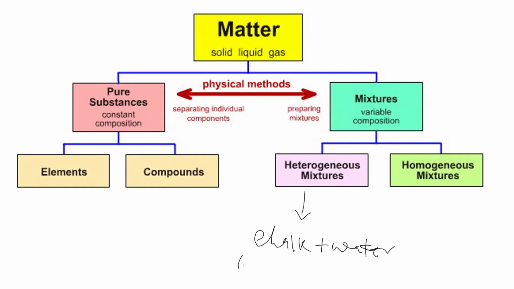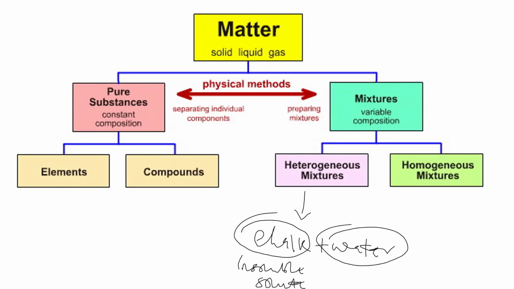That is when you have an insoluble solid, a solid that cannot be dissolved in water. So chalk is an example of an insoluble solid, and you have water. So when you have water and chalk, you have what you call a heterogeneous mixture, because you can see each and every component of that mixture with your naked eye. You can clearly see them.